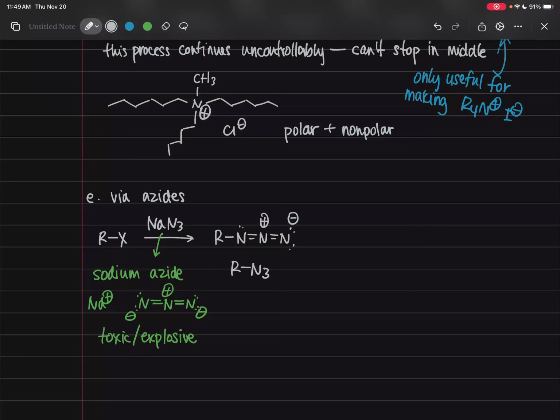Why would someone use this? Because one of the other methods above might not be compatible with the other functional groups in your molecule. So if R is really complicated, this might be an effective option.